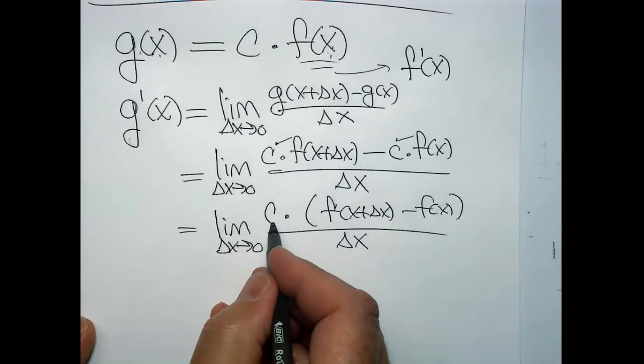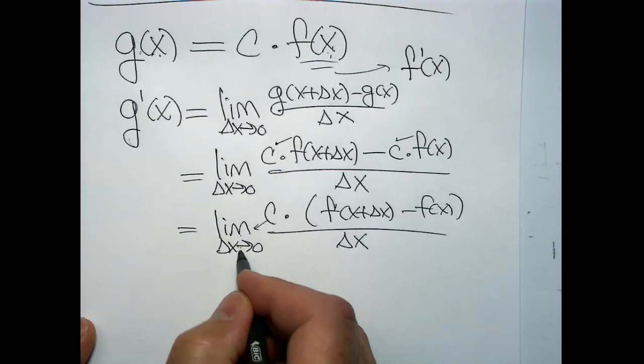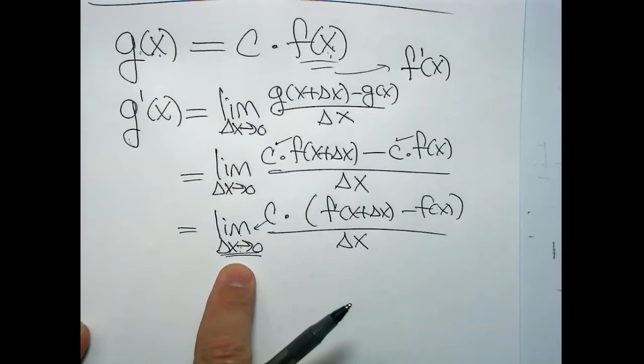Now, this c, this constant multiplier, is not affected by this limit. Because delta x is going to 0, delta x can be anything, and c will never be touched. So when you have a constant multiple in front of a limit like that, you can just pull it out front. I think we did that with limits before.